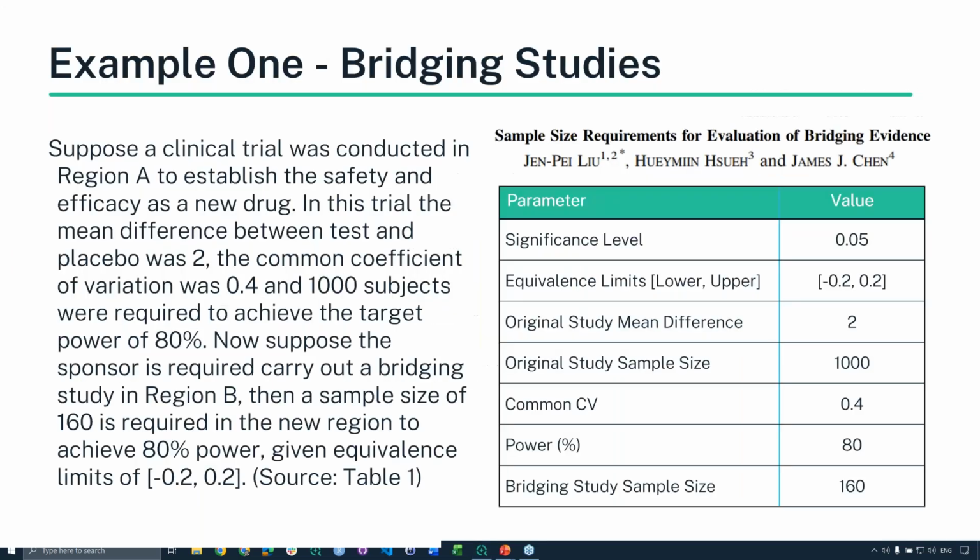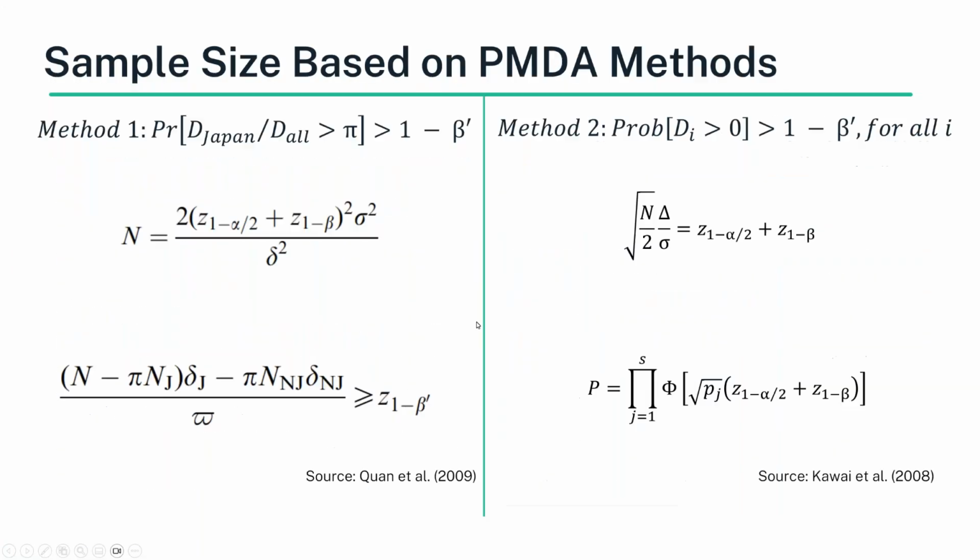Okay, so we'll pop back to the slides here for a second, and we can talk more about those PMDA methods. I'm conscious of time here, so I won't spend too long on this at the minute. We'll talk more about it when we're looking at the examples in nQuery.